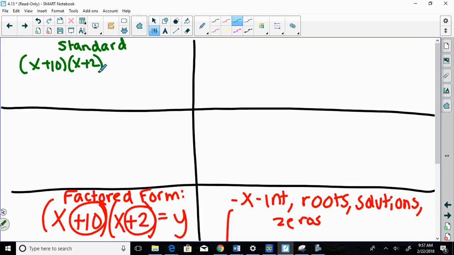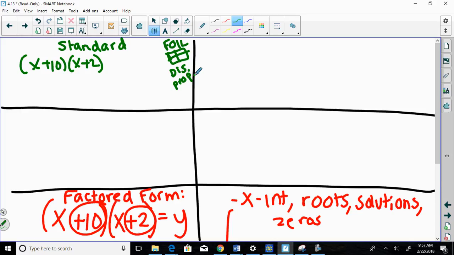Whichever way you want to use, you can put up here. Whichever method you do, that's what we're going to be doing to get from the bottom one to the top one.